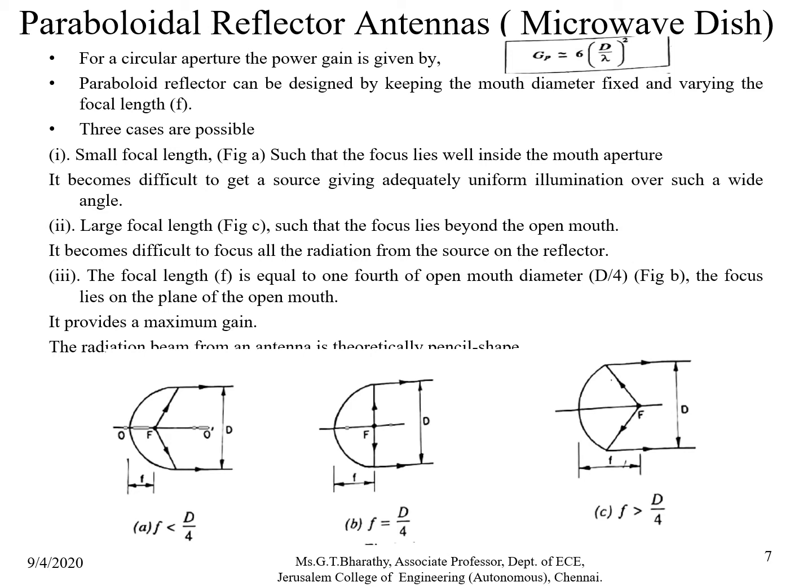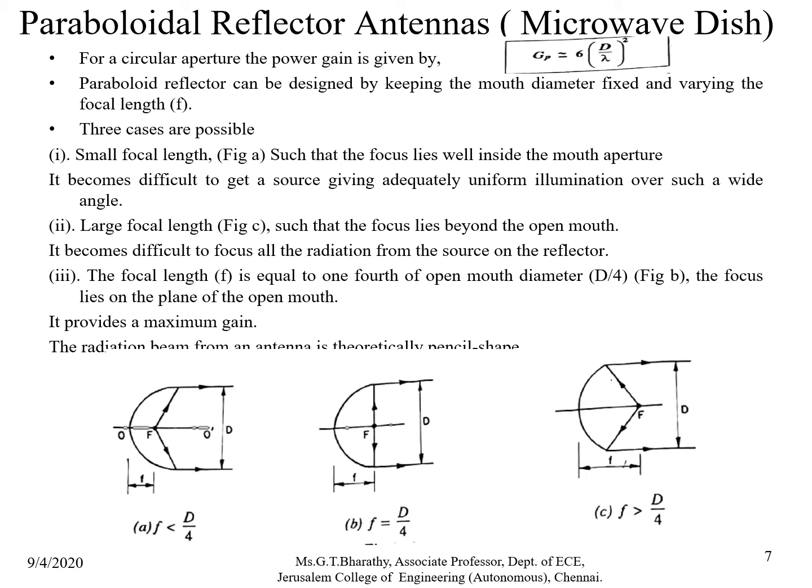The second case is the larger focal length, shown in figure C, where F is greater than D by 4. In that case the focus will lie beyond the opening of the mouth, so it becomes difficult to focus all the radiation from the source on the reflector.